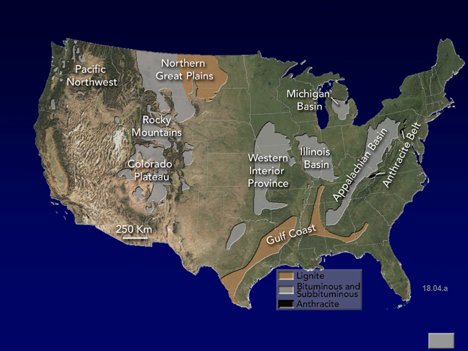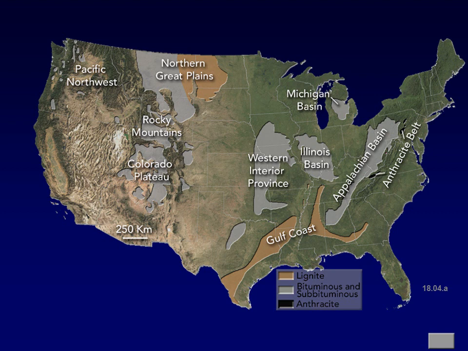So if you look around all over the U.S., the highest grade coal, the best quality coal, is the most rare. So you can see in the East Coast, the anthracite belt is the only location really we can find anthracite in the U.S. Younger coals are less deeply buried, and the Colorado Plateau and southern Appalachians are the largest producers.